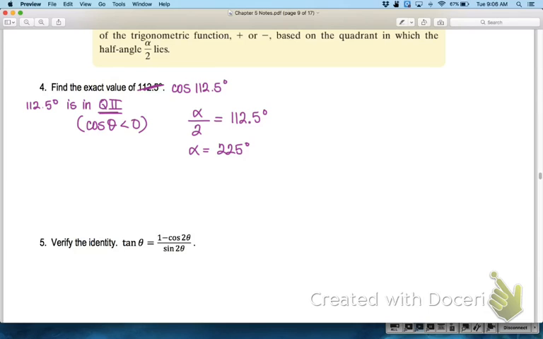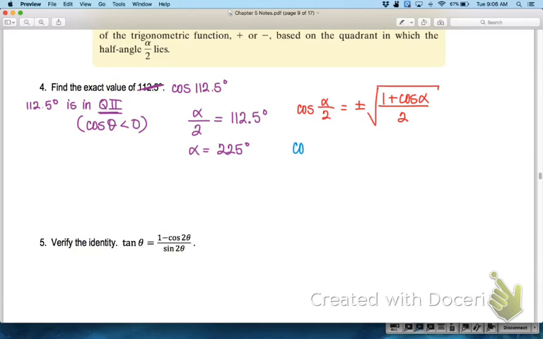So the formula for cosine, the cosine of alpha over 2 is equal to, and this is just off of your sheet, plus or minus the square root of 1 plus the cosine of alpha over 2. Now, we already said we want the negative one based on quadrant 2's rules for cosine.